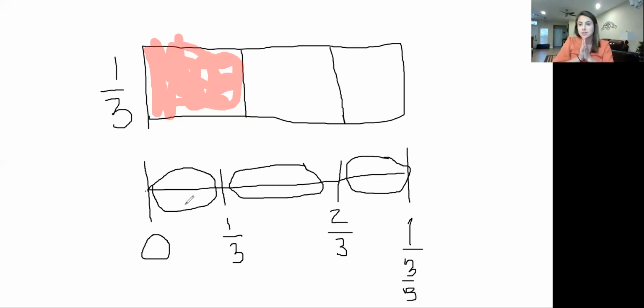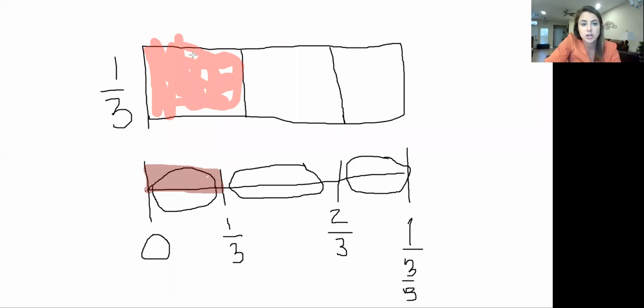But I'm asked to just show one part of the number line. So I'm going to take my writing utensil. Look at this brown color right now. And I'm just going to look for the first piece. This is my first piece right here. See how I'm coloring it in so you can see where it is?